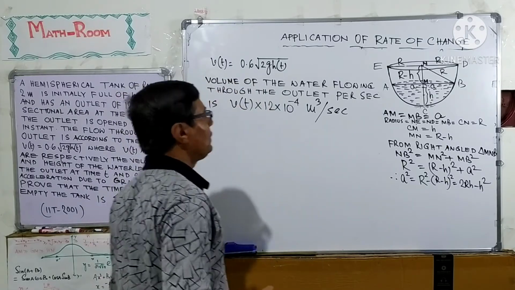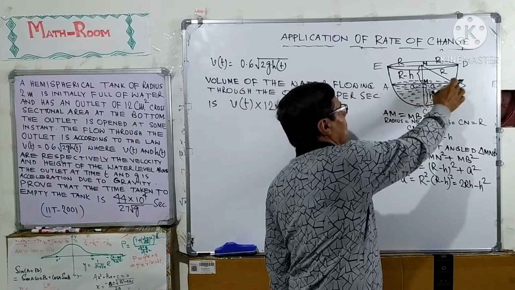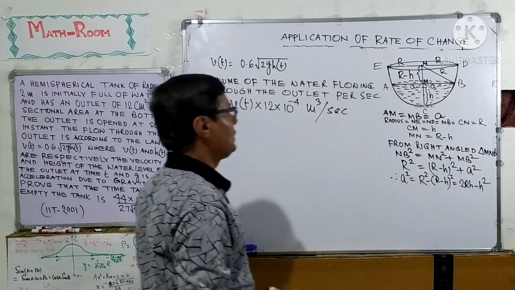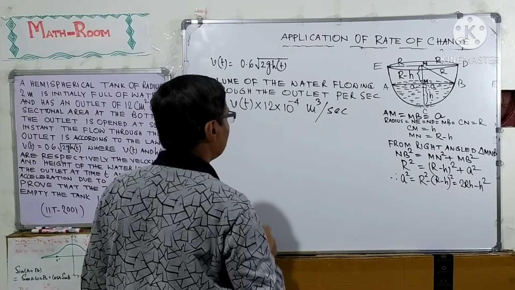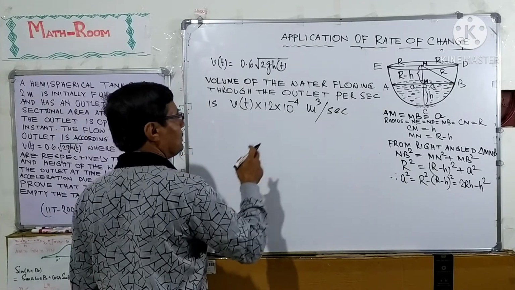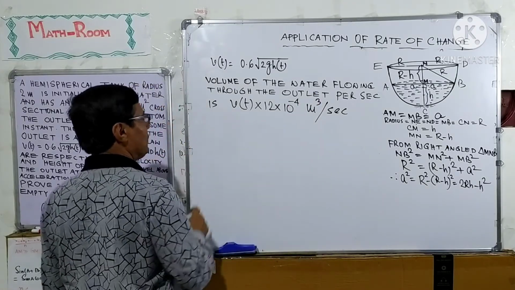Now we can take a circular disc at the level of the water at time t, whose height is h at time t.